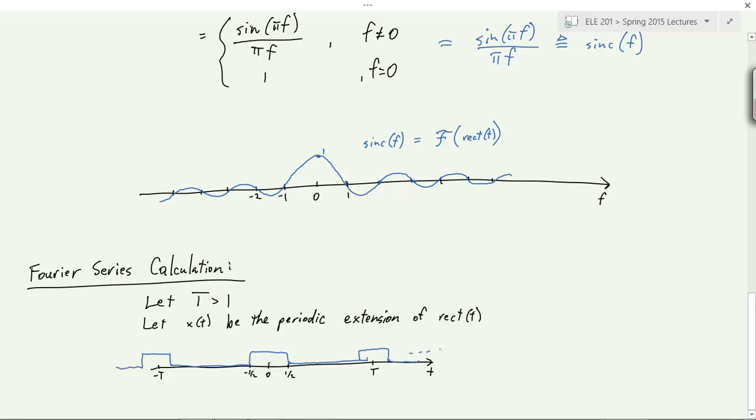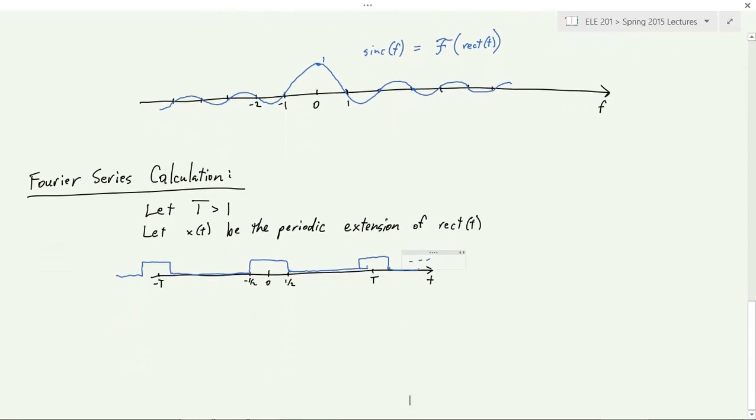Okay. Now, if we look at the continuous time Fourier series of this, okay, what we get is that a_k, the coefficients, are going to be 1 over the period. It's this integral. Okay, so there's our formula for the Fourier series.